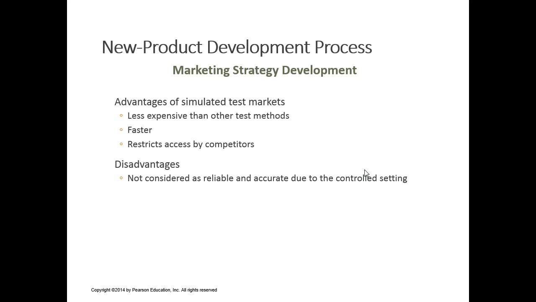You get some faster results. It actually restricts access by your competitors, meaning you're kind of in a stealth way trying to uncover whether or not there really is a demand for your product. So if you don't want to tip your hand, sometimes a simulation will work better rather than actually taking that product and putting it on the shelves where your competitors can readily see it.